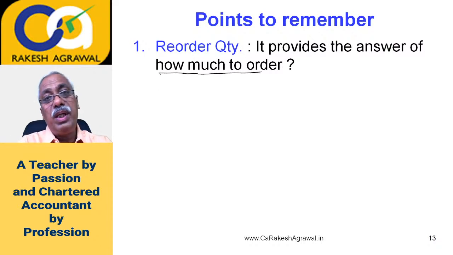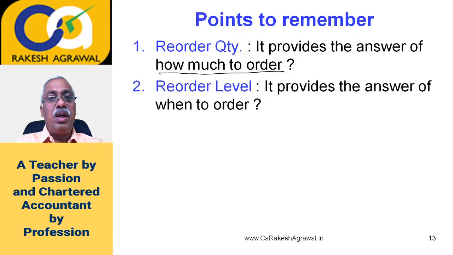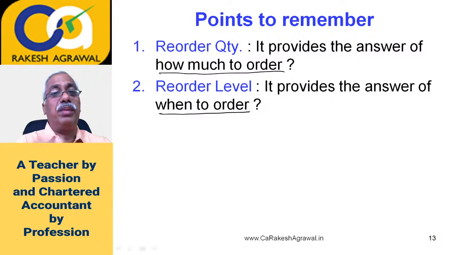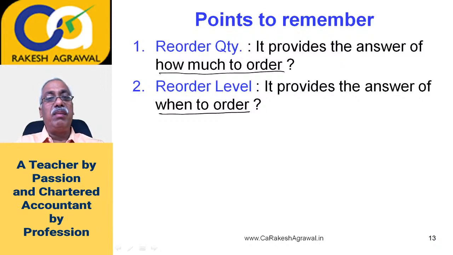How much quantity to be ordered to the supplier is your reorder quantity, which is generally our EOQ. Reorder level provides the answer to the question, when to order. It means if the stock level reaches a particular level, then we place a fresh order. So when to order is given by reorder level, and how much to order is given by reorder quantity.